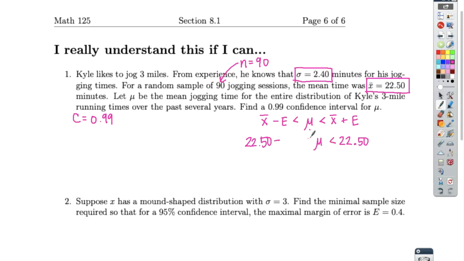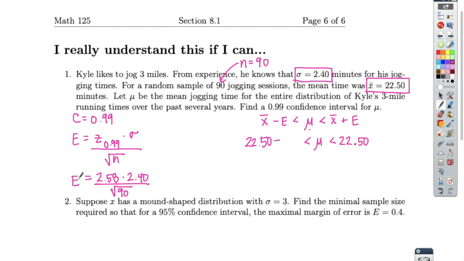But we do have to do a little bit of work to get the error, E. Now, thankfully, there's a formula for this. It's not too bad. E equals Z sub, well, in this case, 0.99 times sigma over the square root of n. Now, from my table, I know that the 99% critical value is 2.58 times sigma. Sigma is 2.40. And the square root of n, so n is 90.